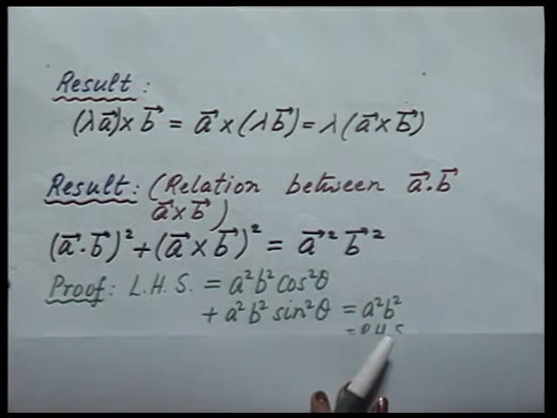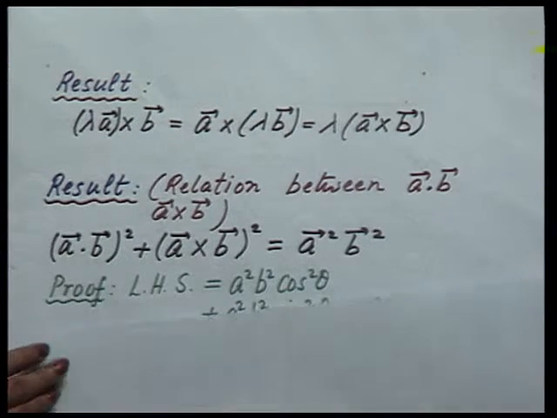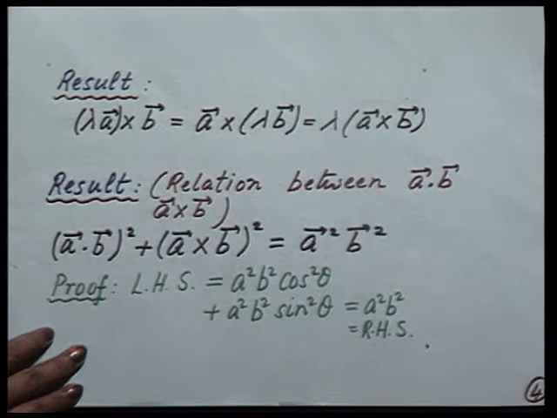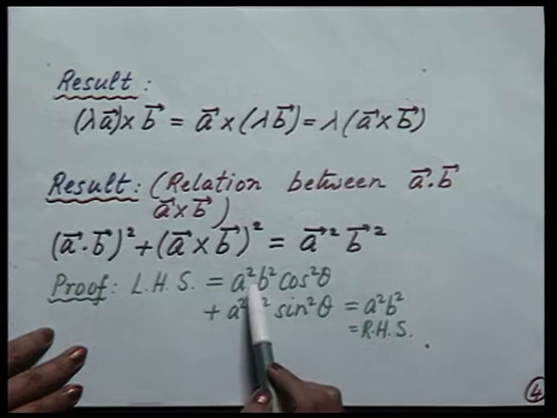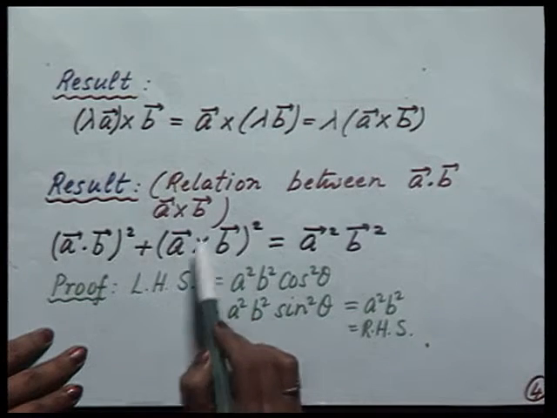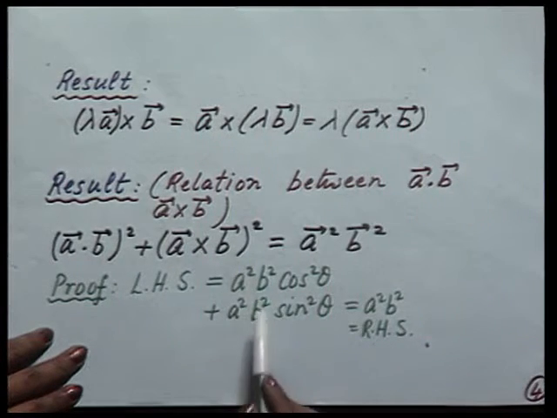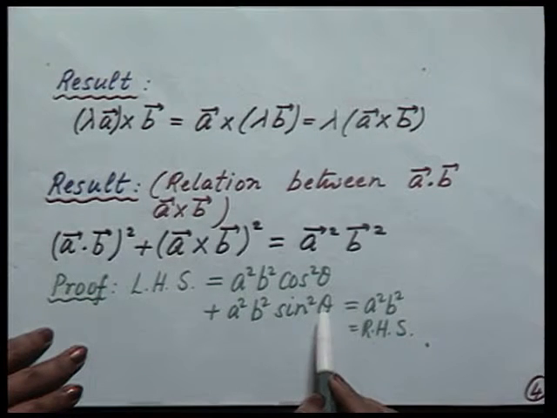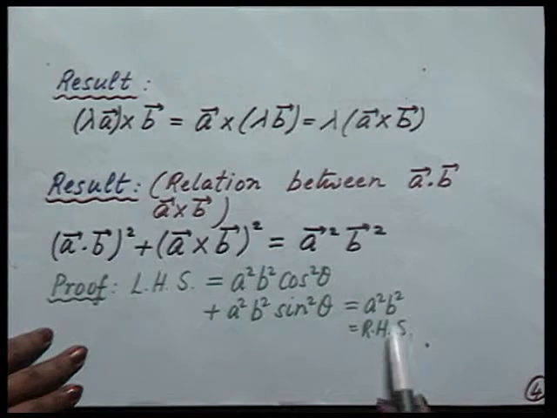Let us see. After squaring and simplifying, we get A dot B squared is A squared B squared cos squared theta, and A cross B squared, which is the magnitude of A cross B squared, is A squared B squared sine squared theta. Take A squared B squared common and you get your result.